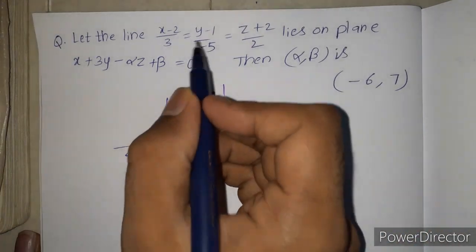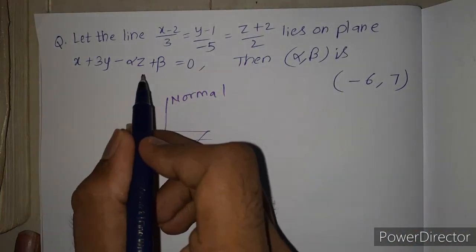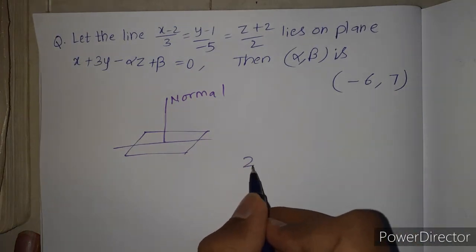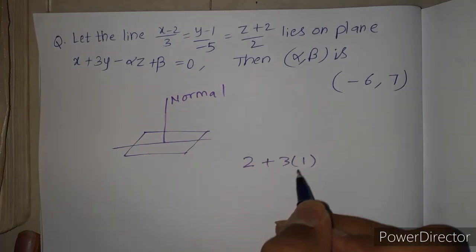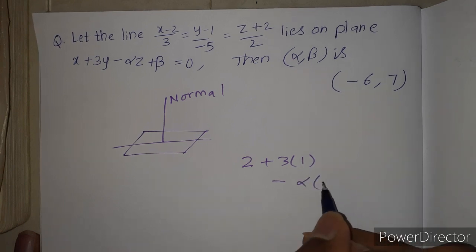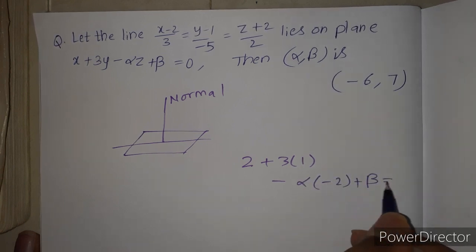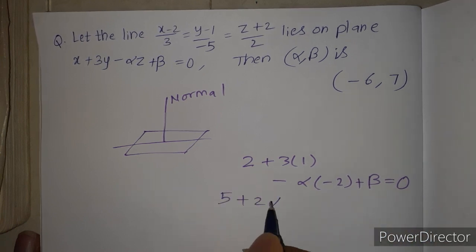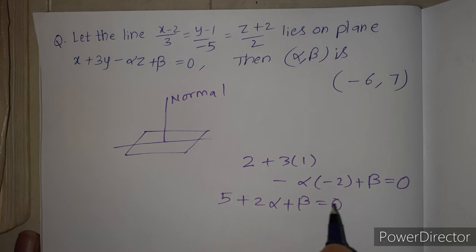That means it must also pass through this plane. So substitute that point in this plane. So 2 plus 3 into 1 minus alpha into minus 2 plus beta equal to 0. It gives 5 plus 2 alpha plus beta equal to 0.